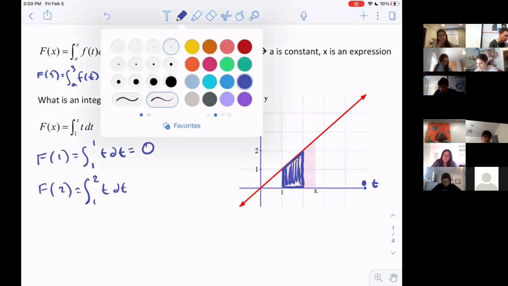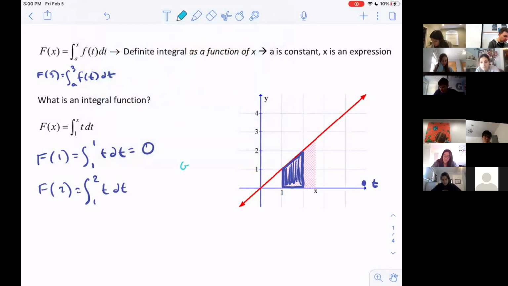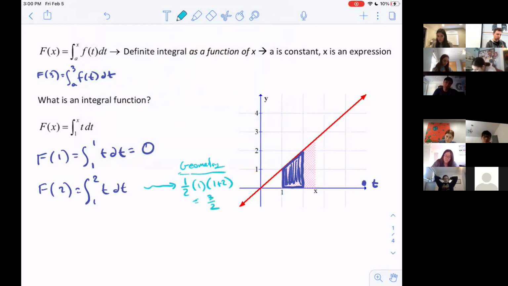If I wanted to go the geometry route, I would say this is 1/2 times 1 times (1 plus 2). There's my area of a trapezoid. That's 3/2, and that worked, right? 1.5. 3/2. 1.5. Okay.